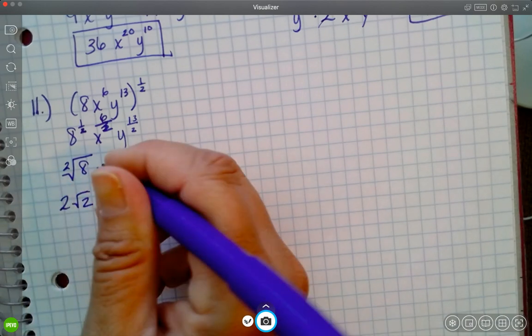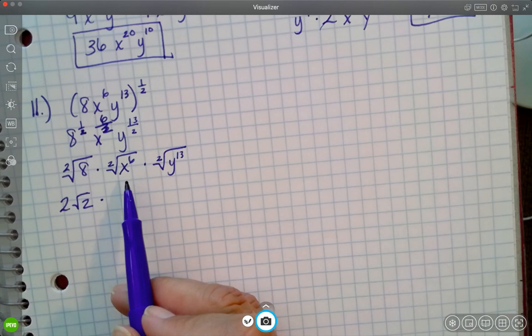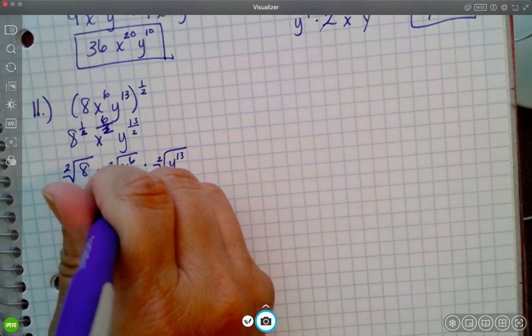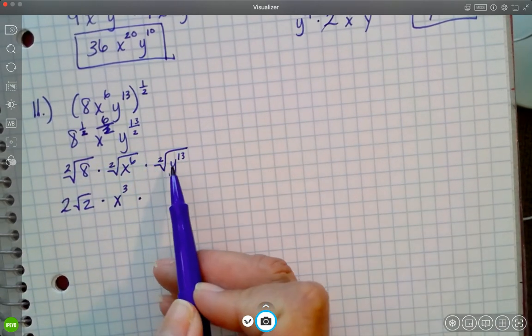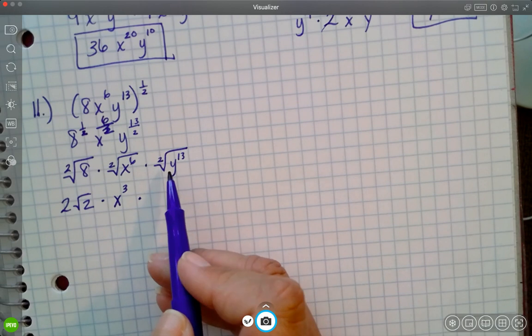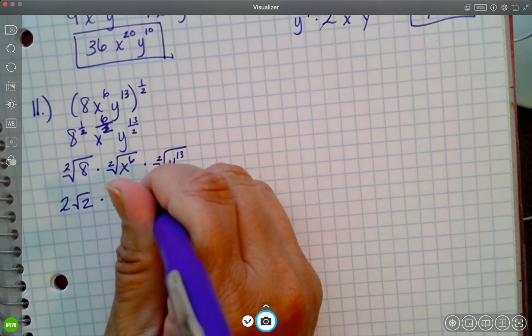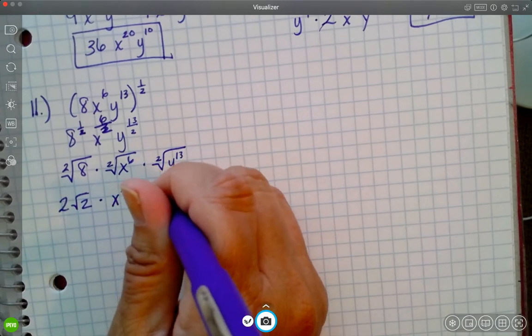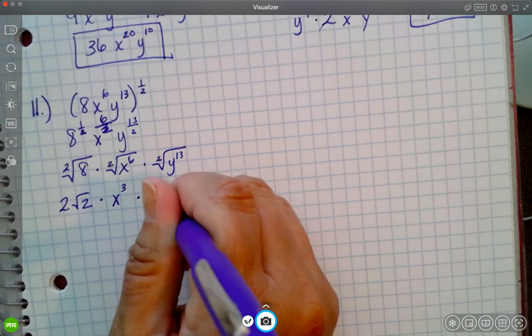And then here I can take out 3 pairs of 2 x's at a time. So I have x to the 3rd times. And then how many pairs can I take out of 13? Well, I can take out 6 pairs out of 13. And then I have radical y, right?